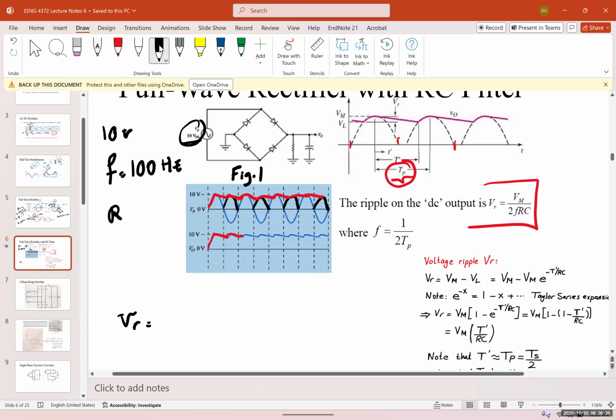R is 10 kilo ohms. And C is, let's say, 500 microfarads. And we want to find VR.